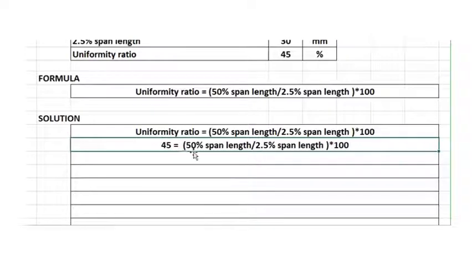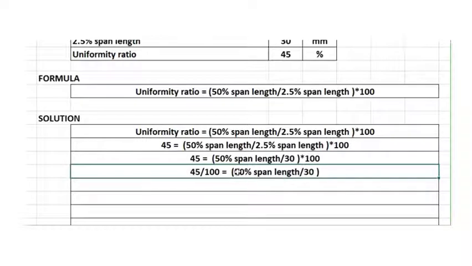Substituting for uniformity ratio 45%, next substituting for 2.5% span length, which is 30 mm, you get 45 divided by 100 is equal to 50% span length divided by 30. Then 45 divided by 100 is 0.45, which is equal to 50% span length divided by 30.